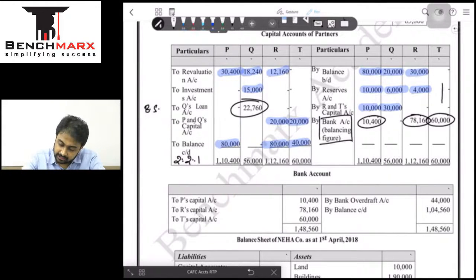That means T is going to bring a capital of 60,000. ठीक है, R is going to bring 78,000 and P is going to bring 10,400 to make their capitals 2 lakh, and जो भी cash तुम्हारा firm में आ गया है, this is going to reduce the bank overdraft.